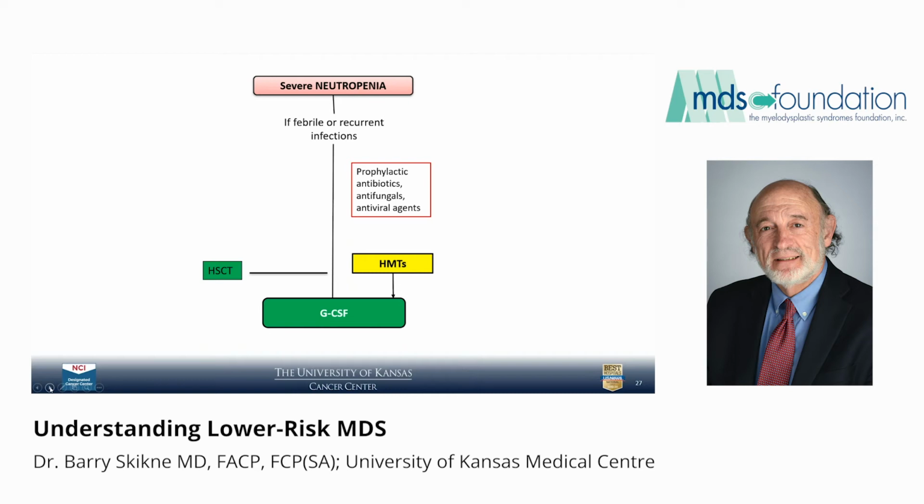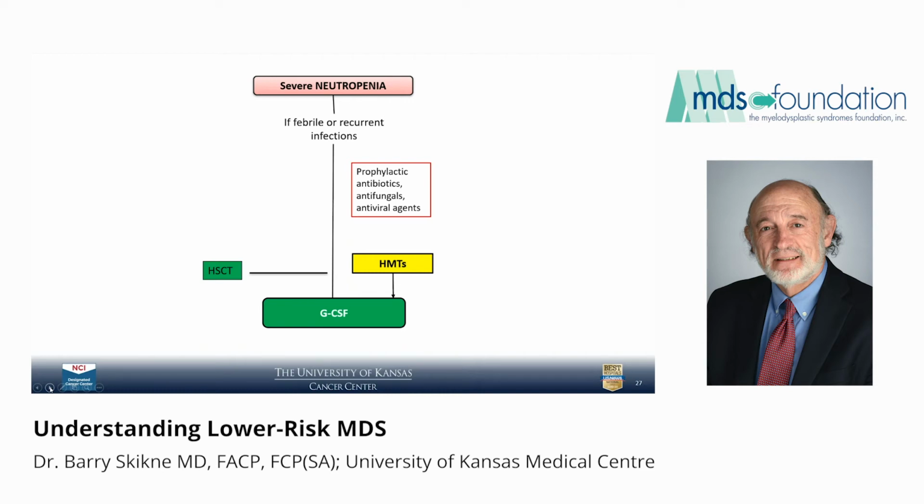Now if one has severe neutropenia, and that's a neutrophil count below 0.5 or below 500, that is bad, because it gives one an increased risk of infections, and one may even get febrile neutropenia. One may get fevers without any obvious infections that can be detected.